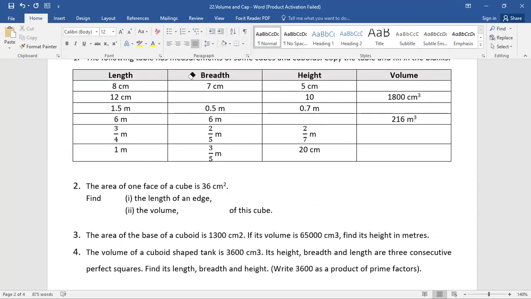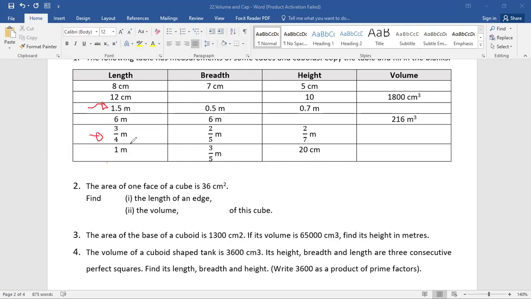So this is a table. Shall we fill different types of things? I want you to do this one and send me the answer, and do this one and send me the answer.